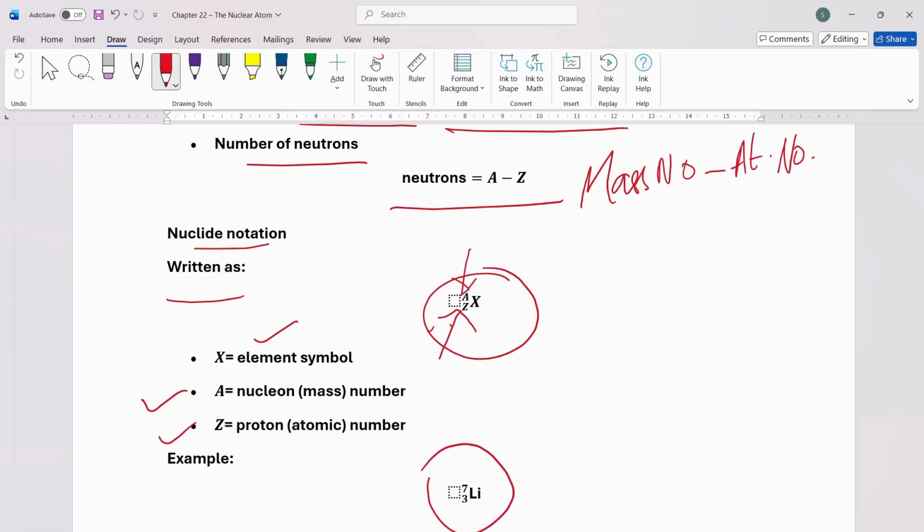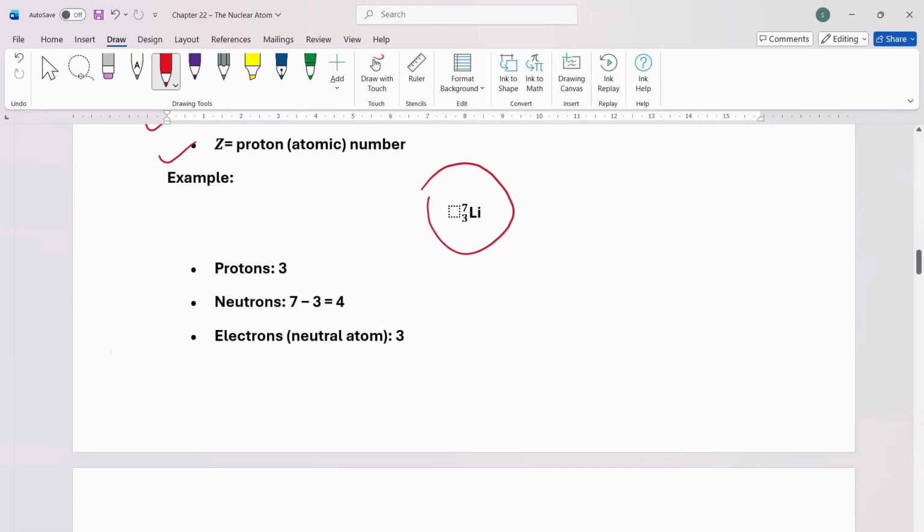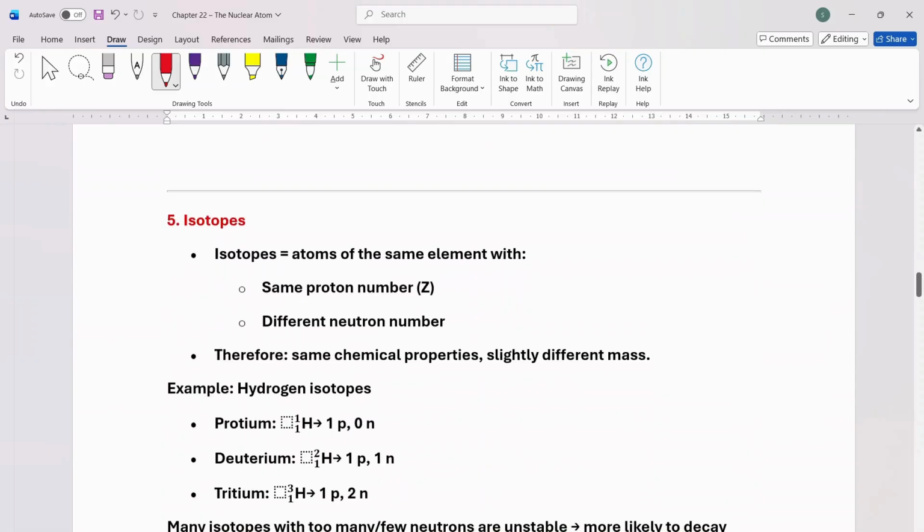The top number 7 represents the mass number, and the bottom one, 3, represents the atomic number. So if we want to calculate the neutrons, we simply do 7 minus 3 and we get the number of neutrons.